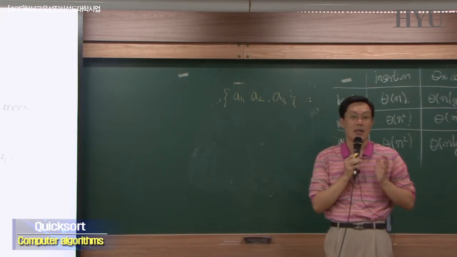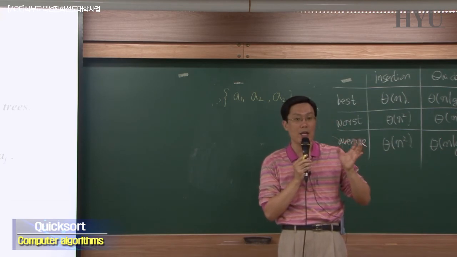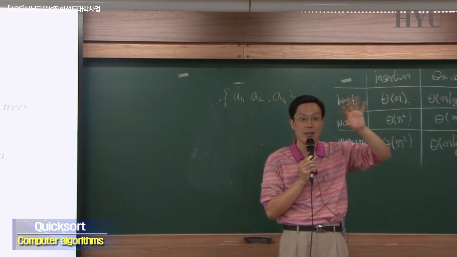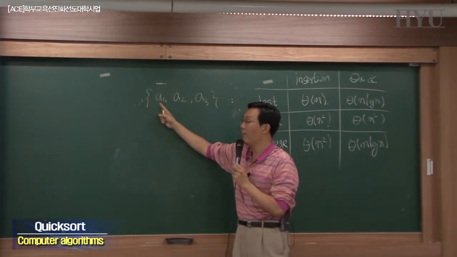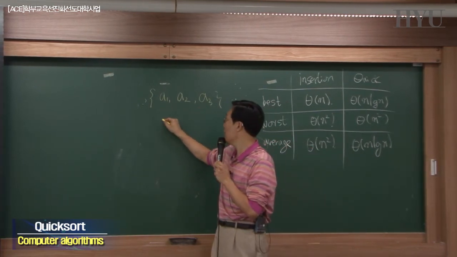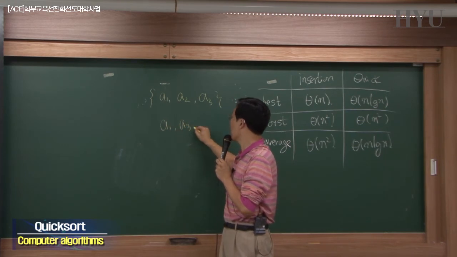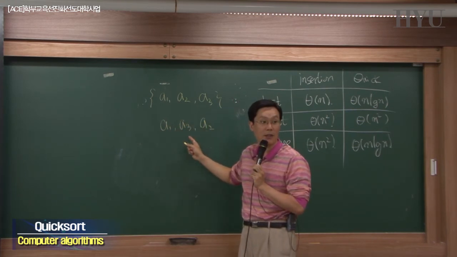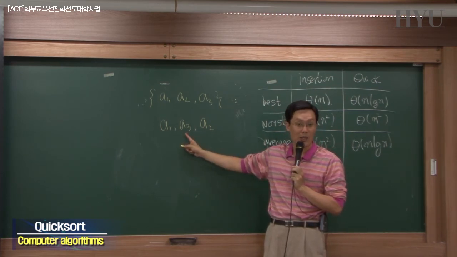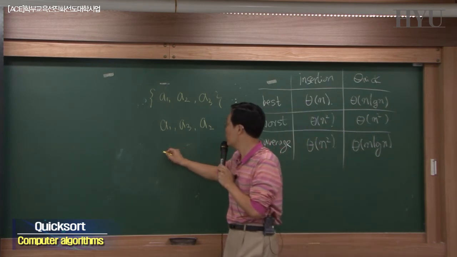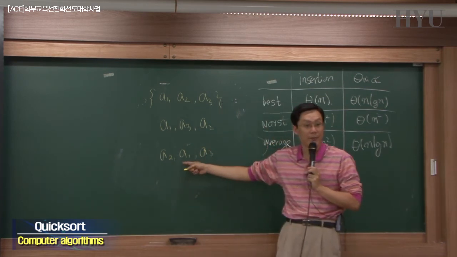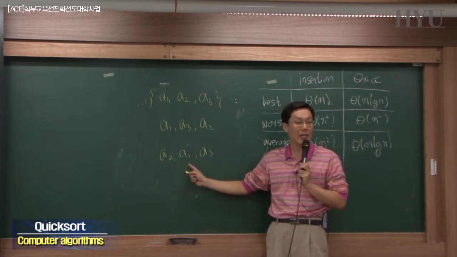Then, as I told you, sorting is a kind of permutation, depending on the values here. So the sorting result can be like this if A2 is greater than A3. Or the sorting result can be like this if A2 is smaller than A1.